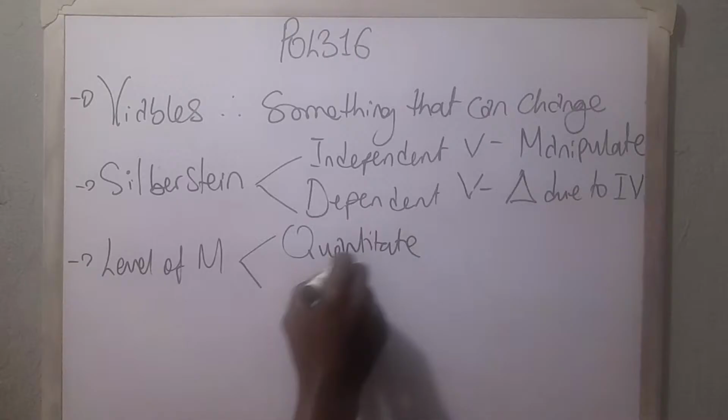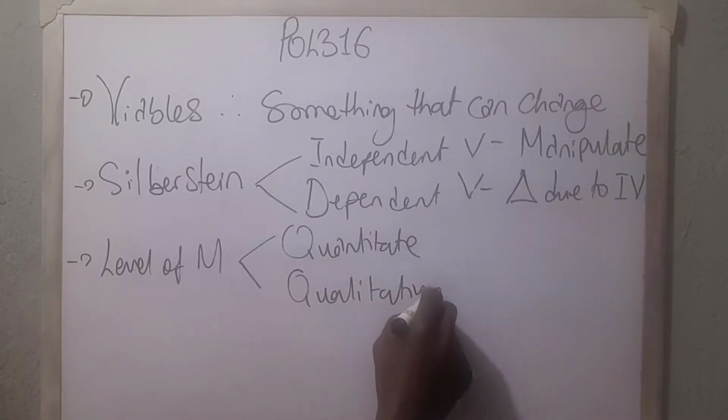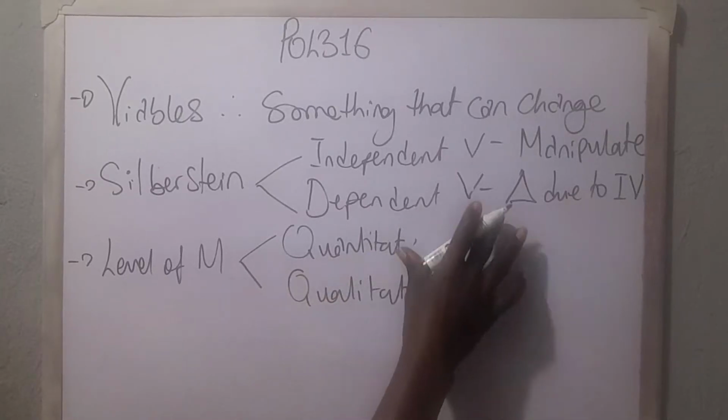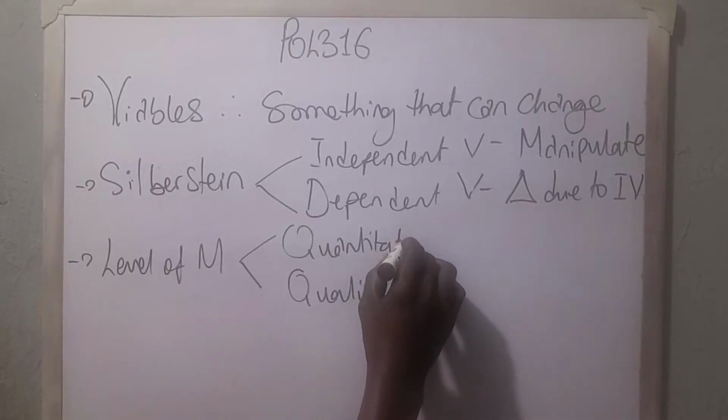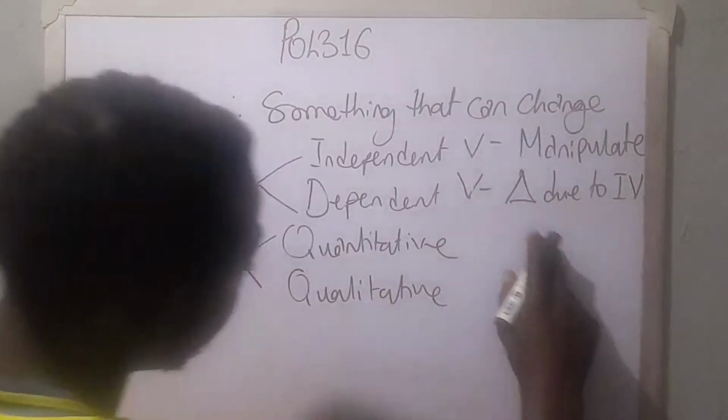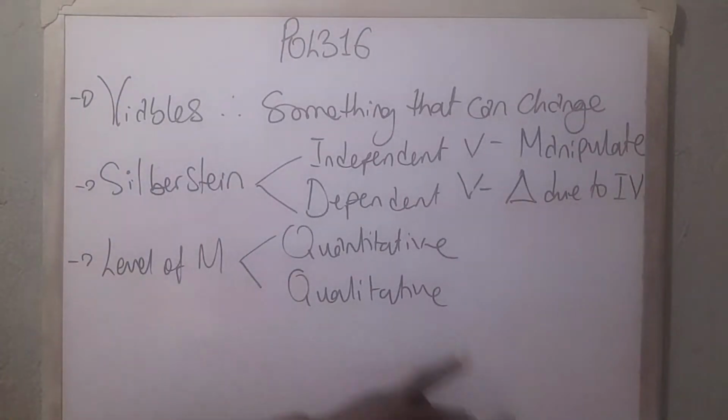Just like we know, quantitative has to do with numerics, and qualitative has nothing to do with numerics.